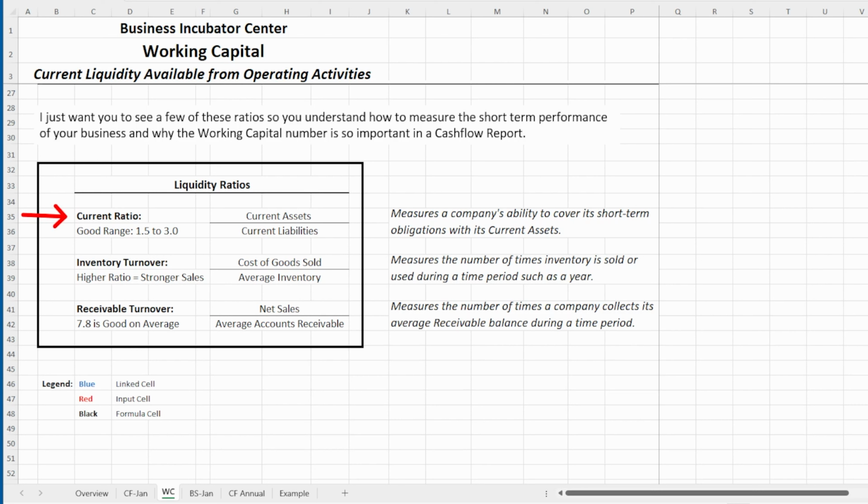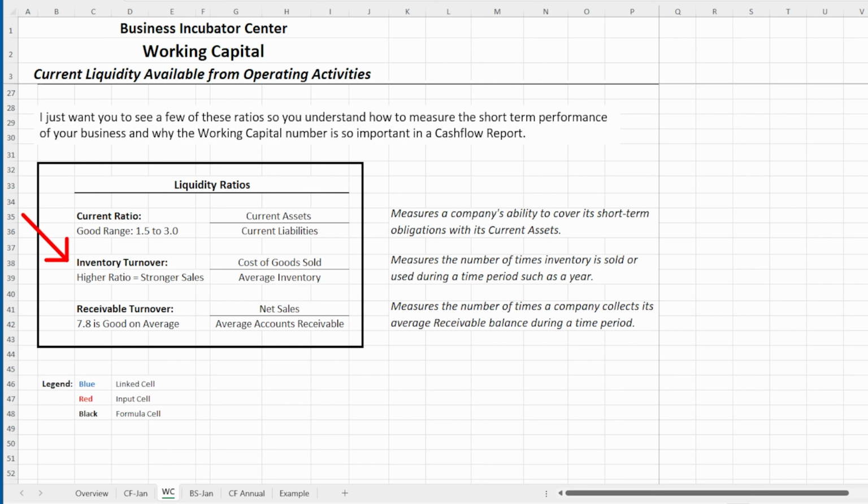Let's start with the current ratio. This ratio measures a company's ability to cover its short-term obligations with its current assets. A good range is 1.5 to 3.0. This means that you have more assets than you have liabilities.